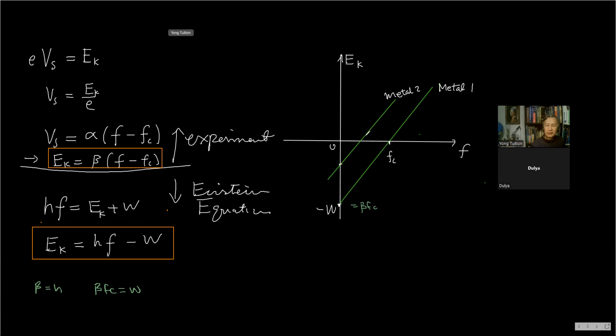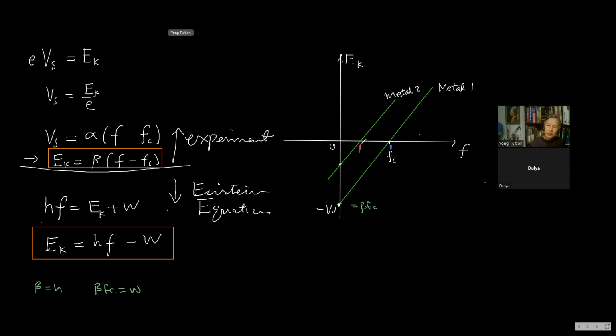This is the red color, and this higher frequency is a blue color. Now the question: if I use a red light source, can we see a photoelectric effect from metal 2? Red color. Yeah.